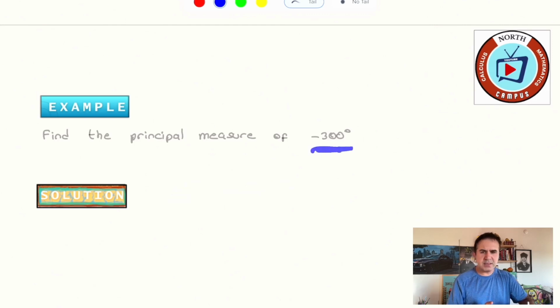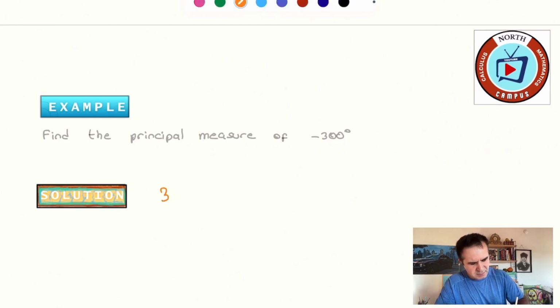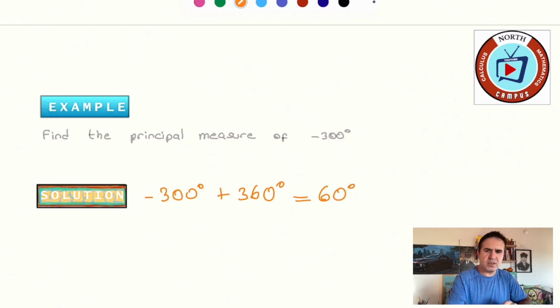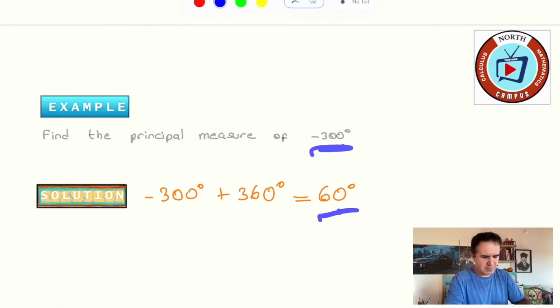Here, minus 300 is less than 0, so we add 360. Minus 300 plus 360, and we get 60 degrees. Therefore, the principal measure of minus 300 is 60 degrees.